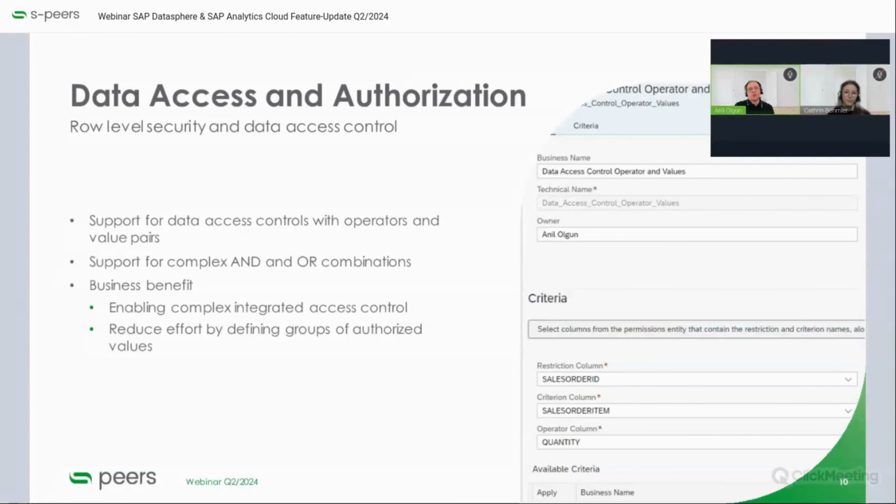You can create complex data access controls with operators and value pairs for detailed row level security, and you can also use hierarchies for authorization. With these features, the administration effort for maintaining authorizations and managing hierarchy authorizations is reduced in a more efficient way than in the months before.